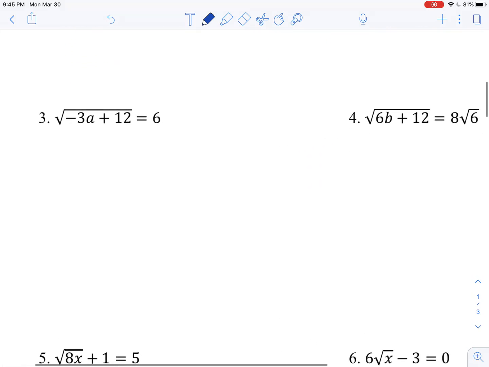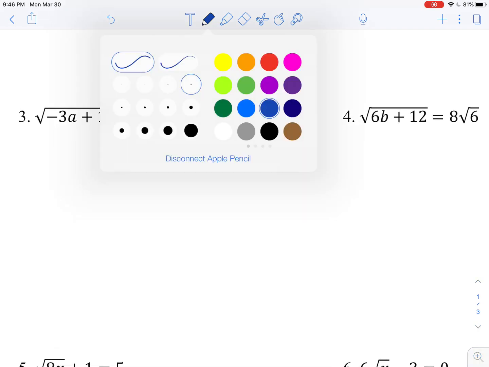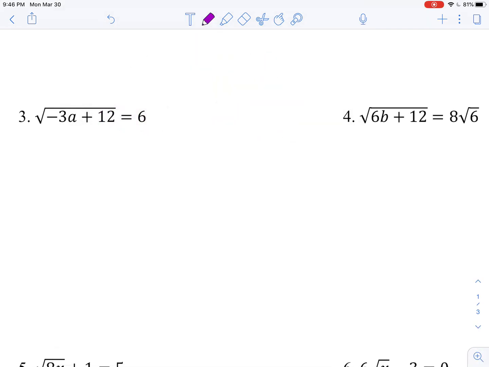When you take a look at question number 3, our radical is isolated on the left side. There happens to be a lot of stuff underneath of the square root sign, but the left side of the equation is just this square root. So again, we're going to square both sides. Squaring and square rooting will cancel each other out to just give us the radicand, -3a plus 12.